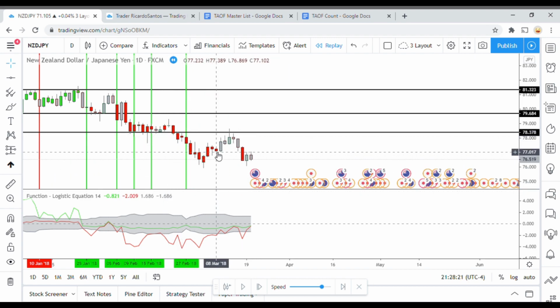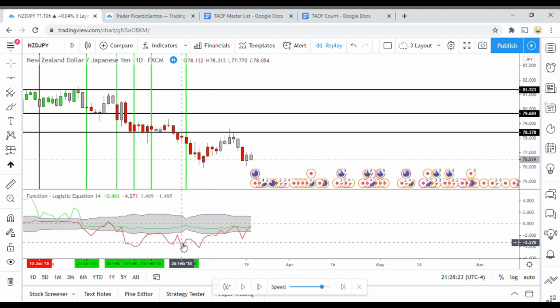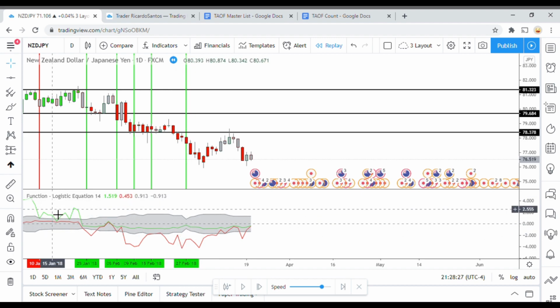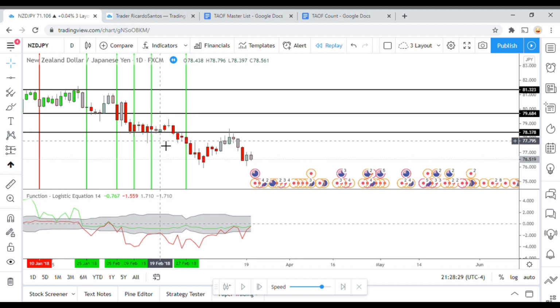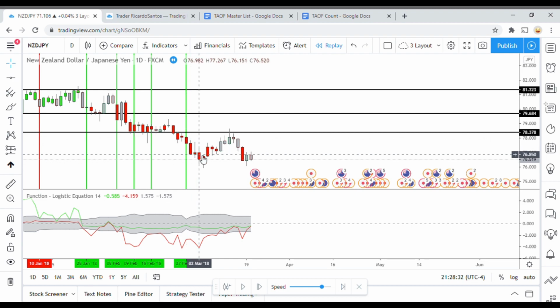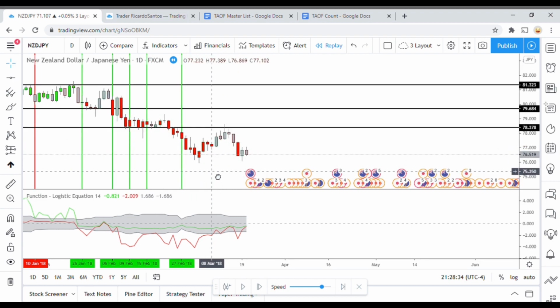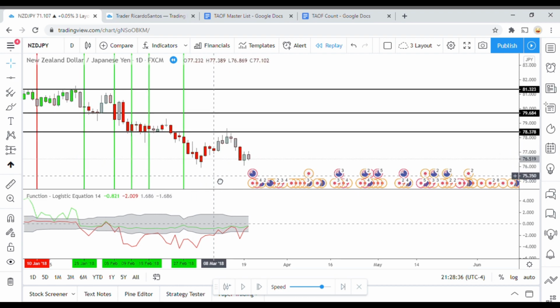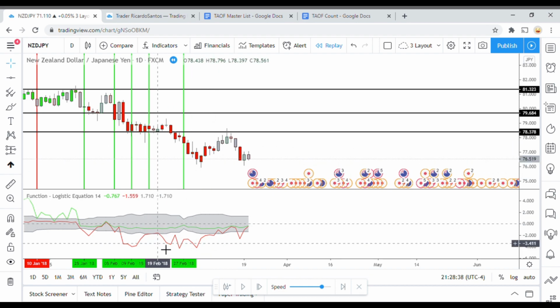But then what it does is it paints the entire time that this red line is below the range zone. Same thing with the green one. And so it's technically giving a signal the entire way down. But I don't know if that's the best way to really test it.